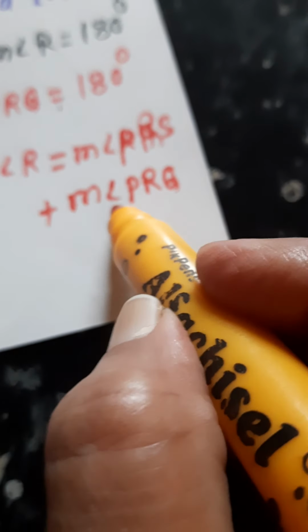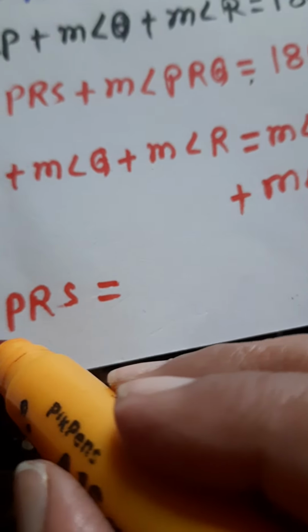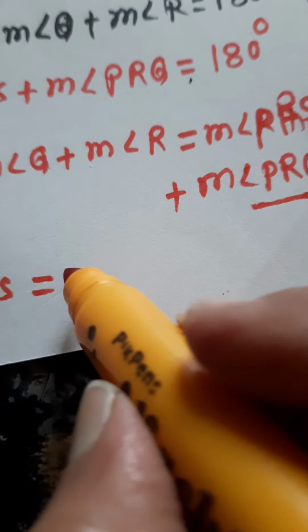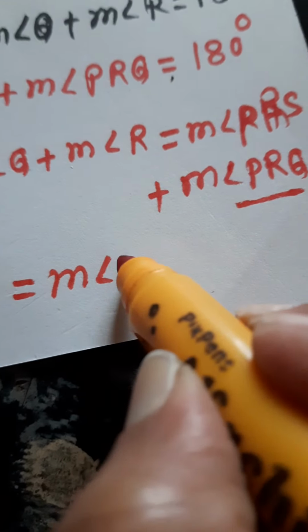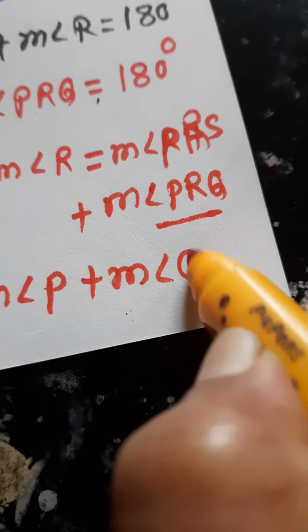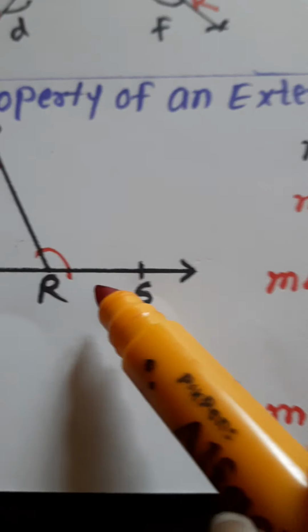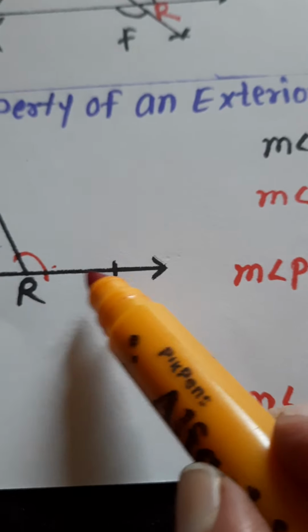Here R is common, so the measurement of PRS, that is the exterior angle, is equal to the measurement of angle P plus the measurement of angle Q.